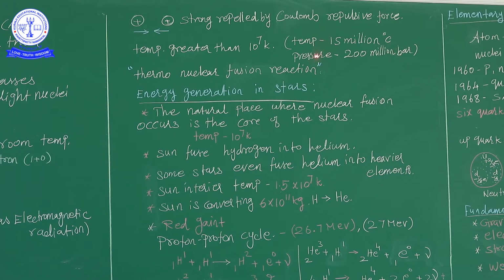Is it possible on the earth? No, not at all. Here this temperature occurs only in the sun. But nuclear fusion can be achieved with the help of the nuclear fission process, which we already know. When the nuclei break up, some energy is radiated. That energy is heat energy, and it can achieve 10 to the power of 7 Kelvin.